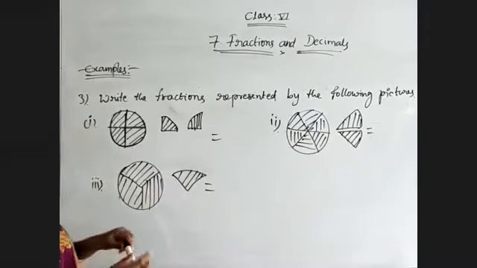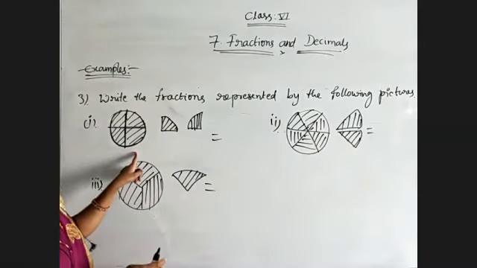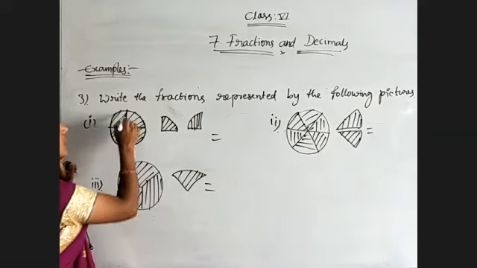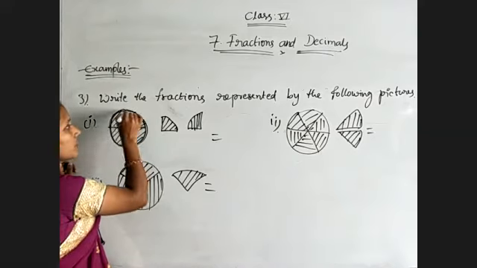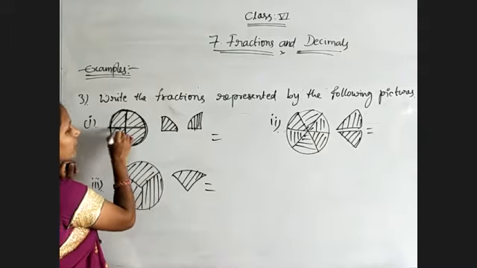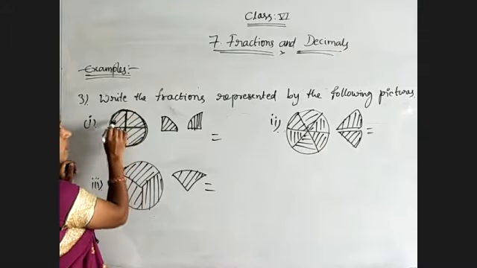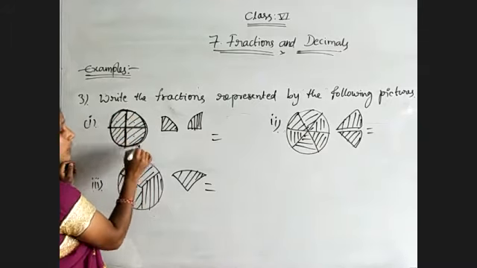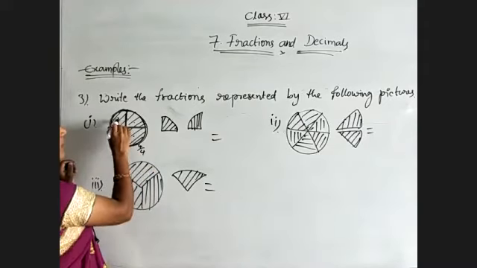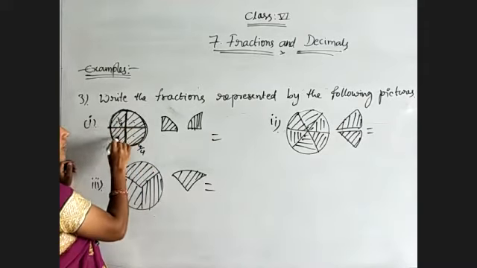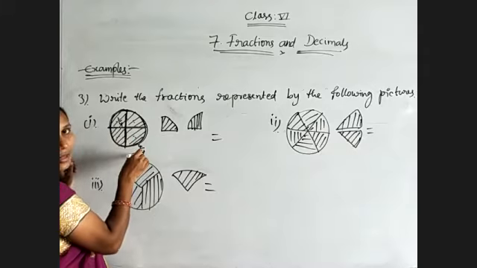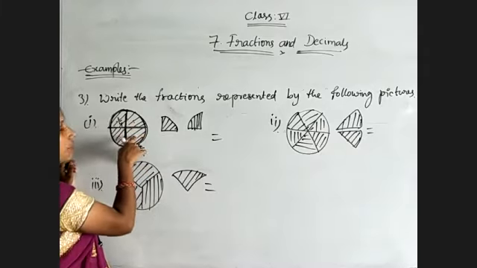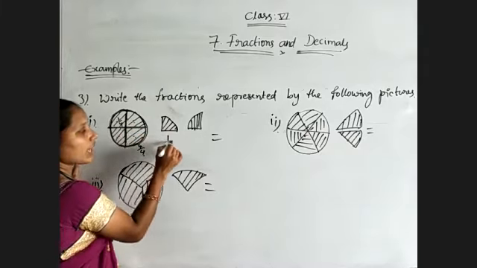And here how many wholes are there? What is the fraction we will see? See, observe this one whole object is divided into 4 equal parts. 1, 2, 3, 4. That means it is 4 by 4. 1 by 4, 1 by 4, 1 by 4, 1 by 4. Totally 4 by 4. And it is another 1 by 4.